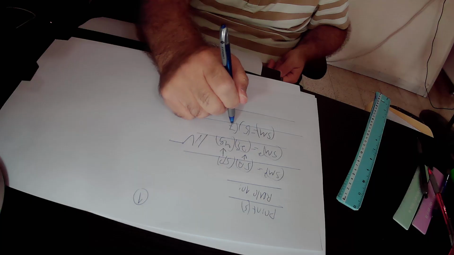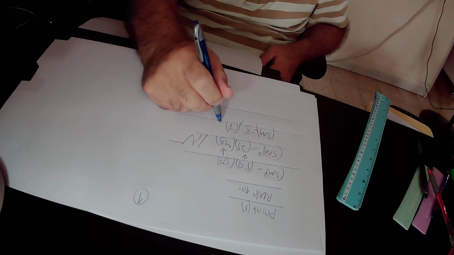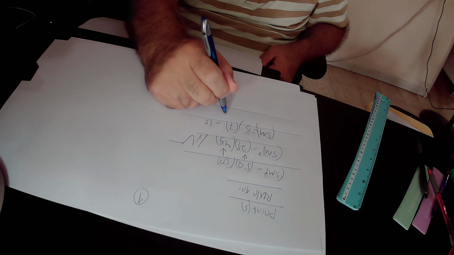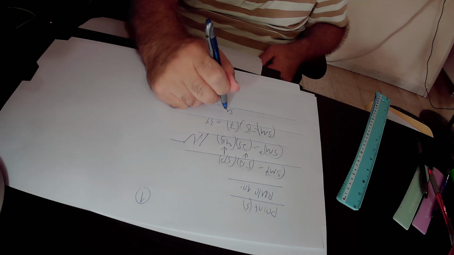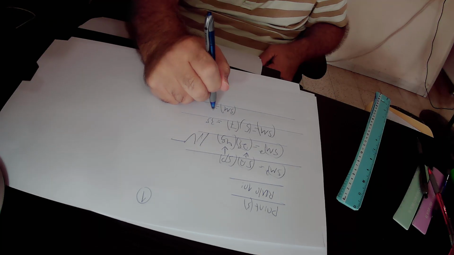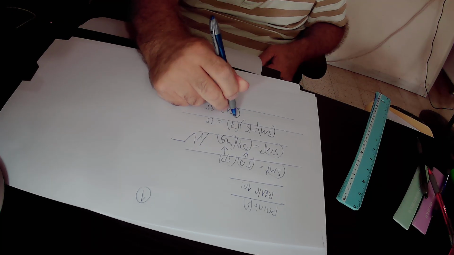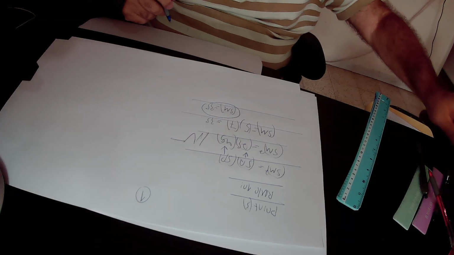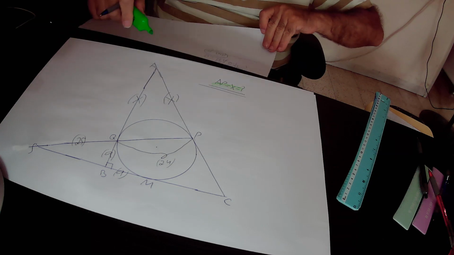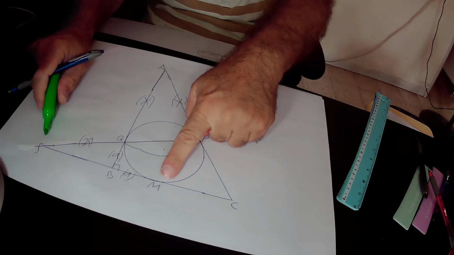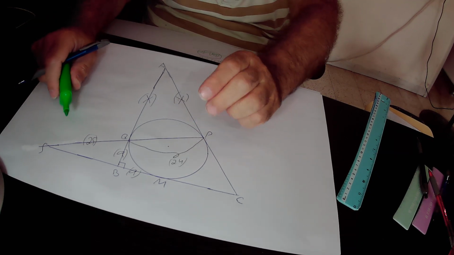So in total, SM equals 5 times 7, that is 35. The length of tangent SM is 35 units. This is tangent SM, equal to 35 units in length.